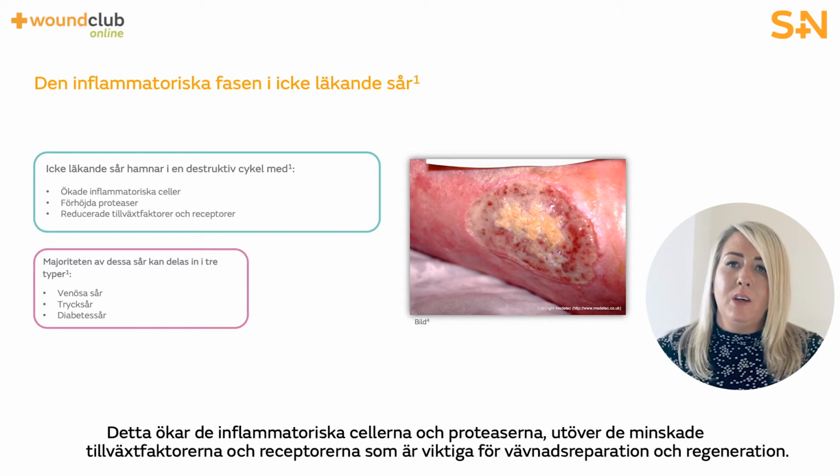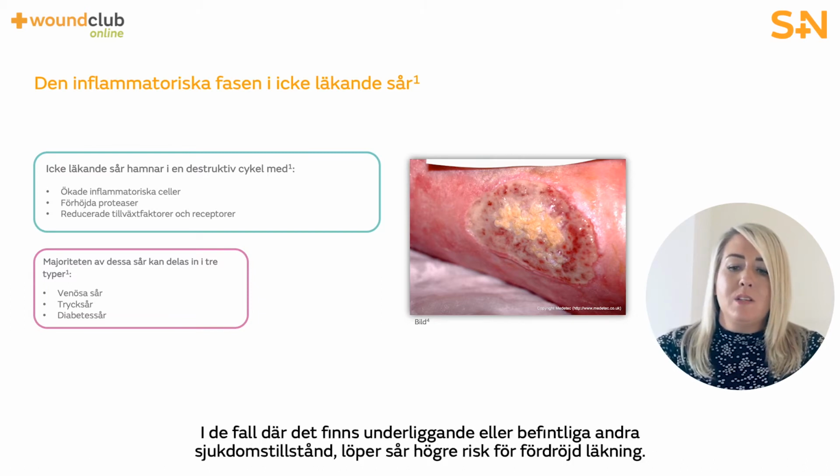This creates an increase in inflammatory cells and proteases, in addition to reduced growth factors and receptors that are vital for tissue repair and regeneration. In the instance where underlying disease and pre-existing conditions are apparent, wounds can be more susceptible to delayed healing.